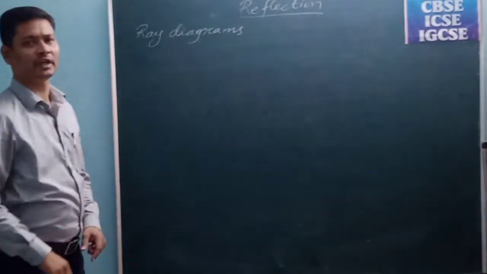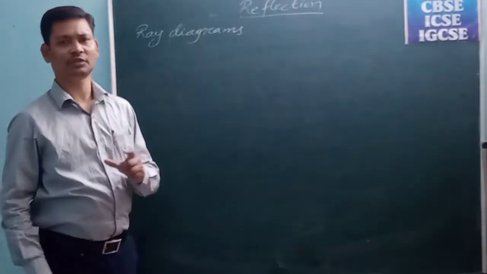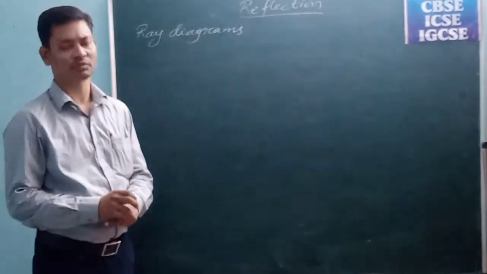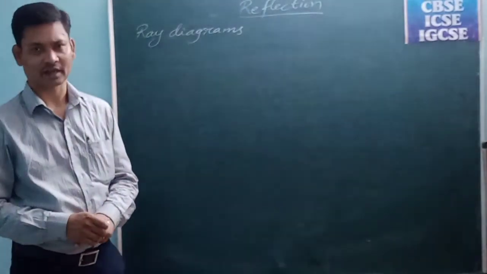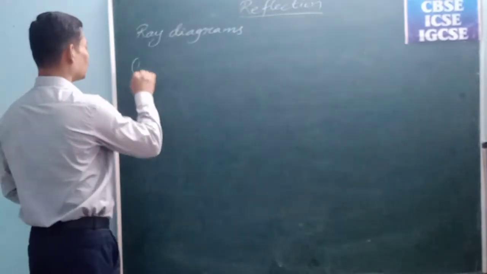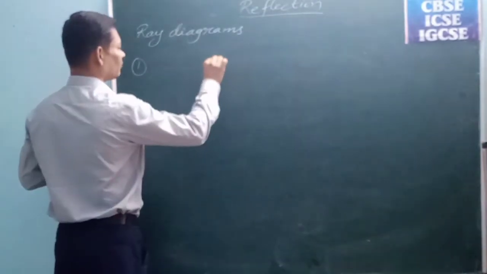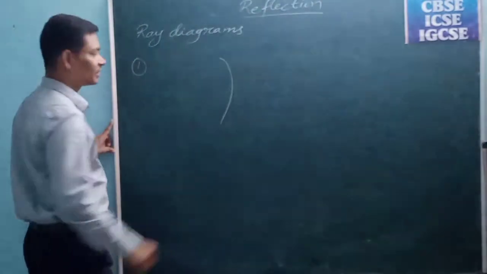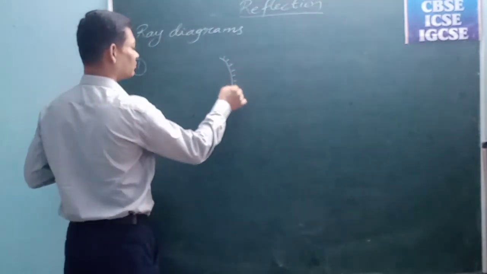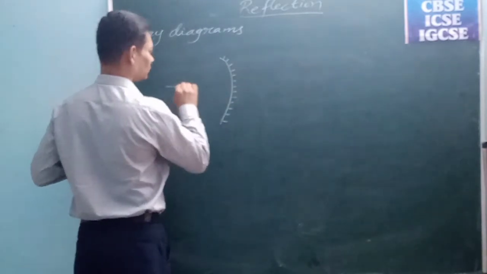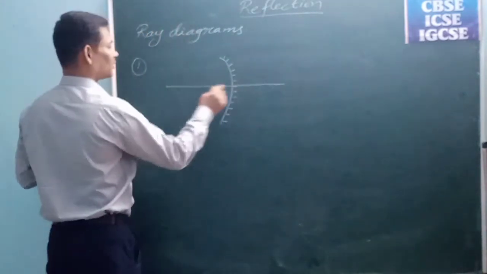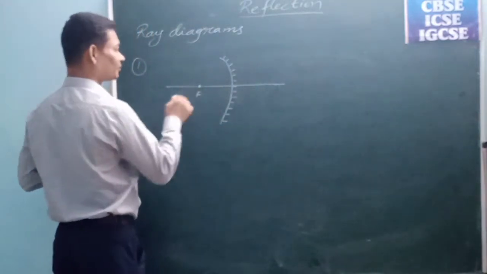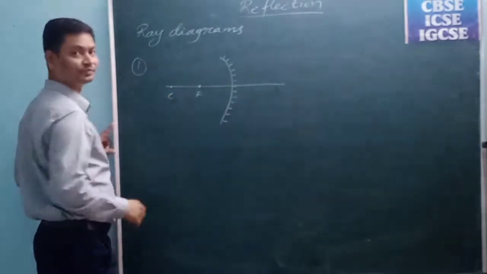So to draw the ray diagrams, first we need to understand some rules. We need to follow some rules to draw the ray diagrams. So here, rule number one. For a concave mirror, if it is silvered outside, this is the principal axis, so focus and center of curvature.